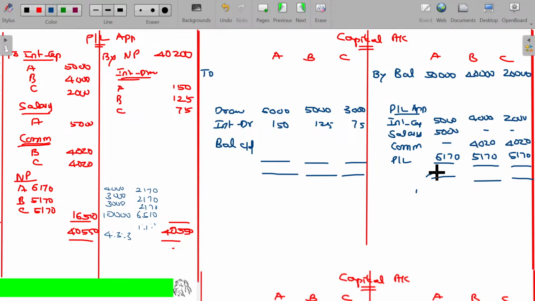The total being 66,170, am I right? 66,170, 53,190, 31,190. So balance carried on being 60,000, 48,000, 28,000, 115.